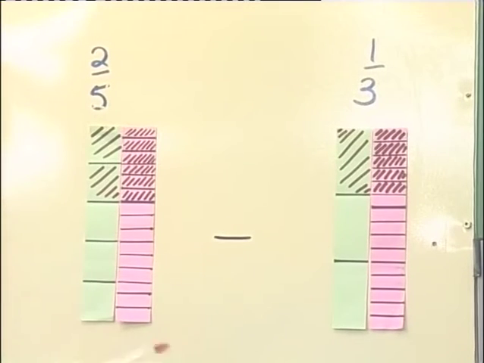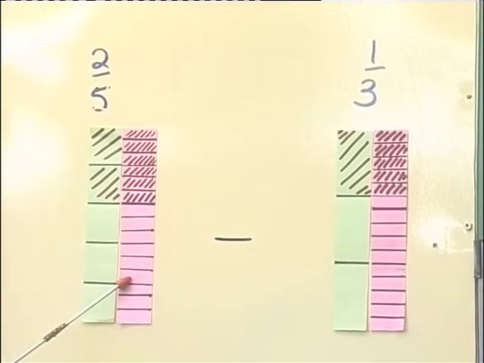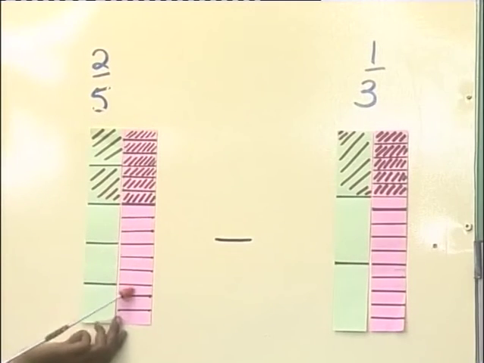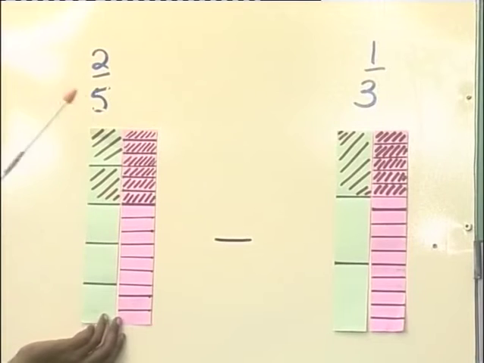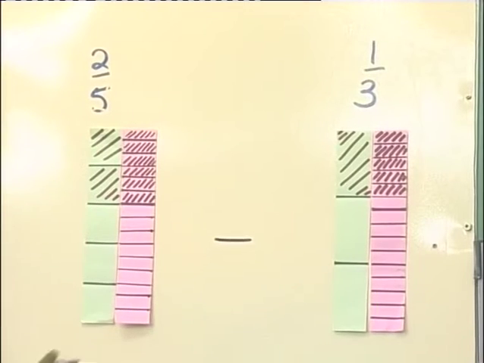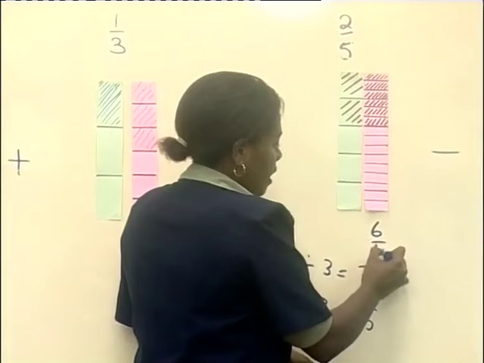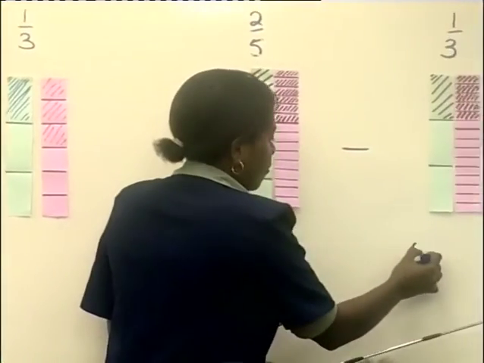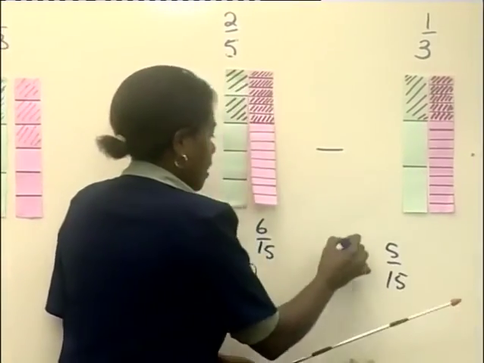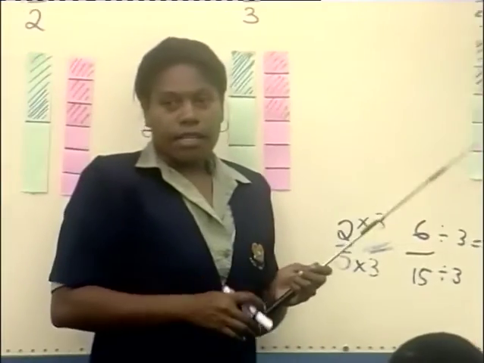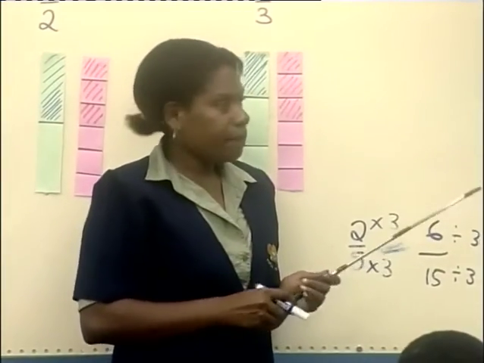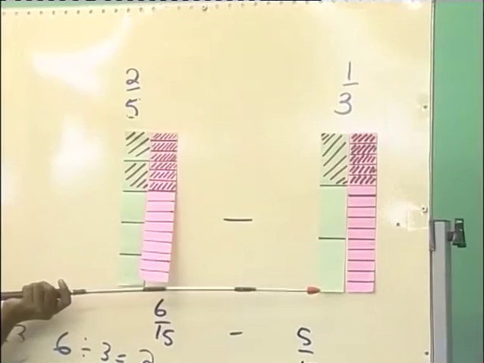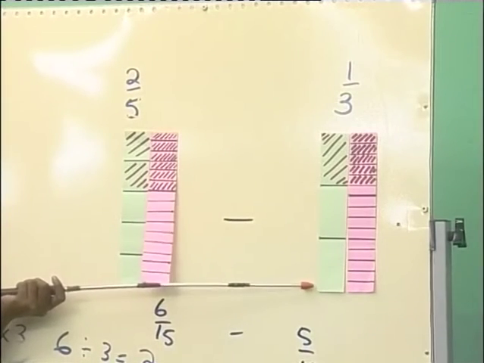Okay, now we have the same parts, divided into 15 parts. How many 15ths is this again? 6/15. Take away, how many 15ths here? 5/15. Right? So what's our answer? 6 take away 5 is 1.